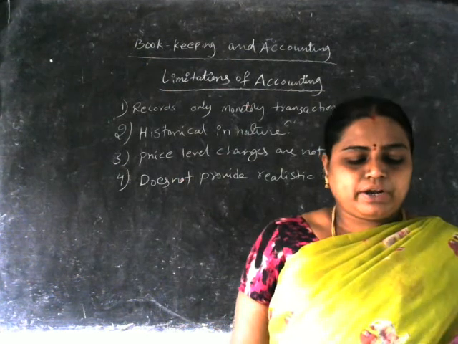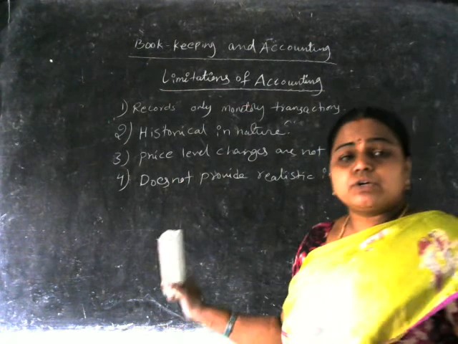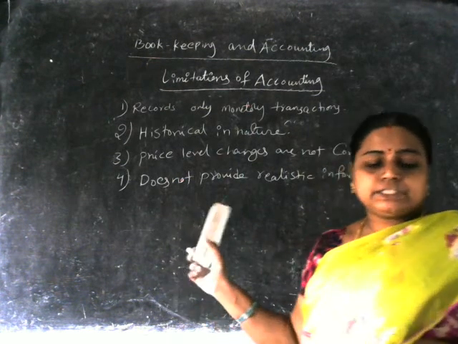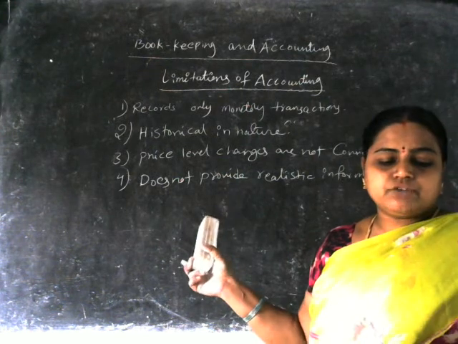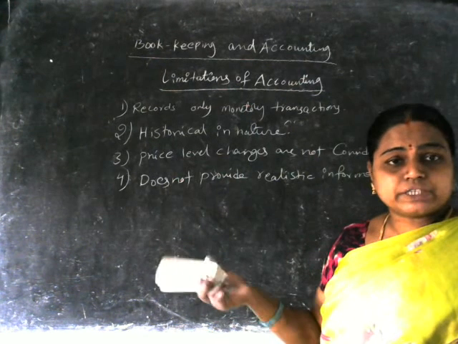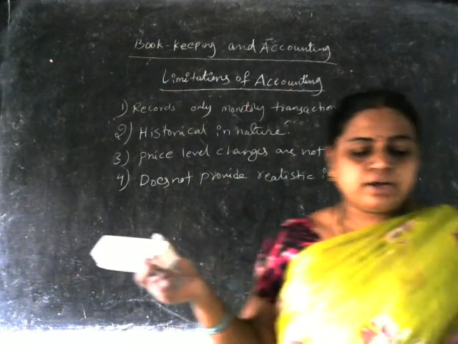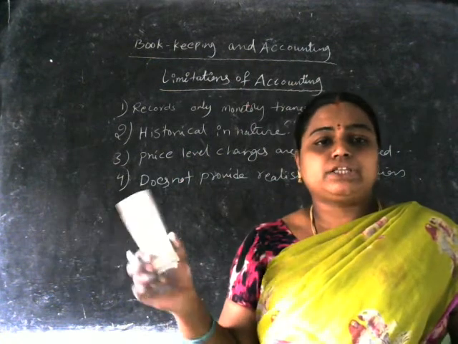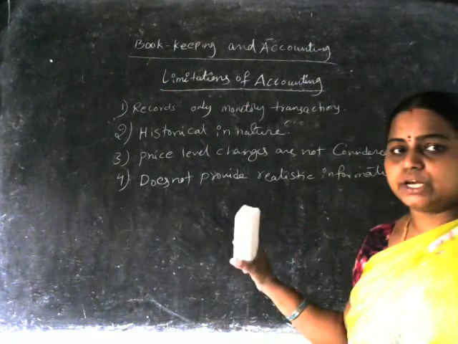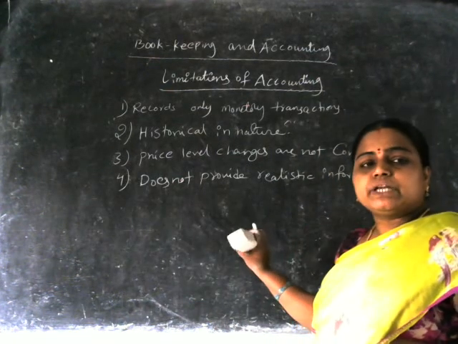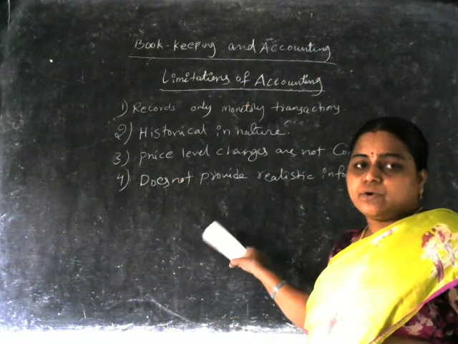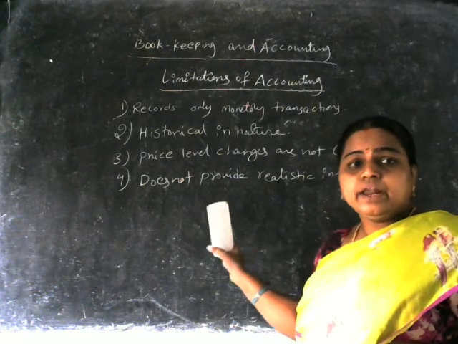So the accounting may not be providing realistic information, which in turn affects the overall result of the business concern. Overall result of the business concern edaithe effect avutundo aa information ni provide cheyatledu. So that is another limitation of accounting here.